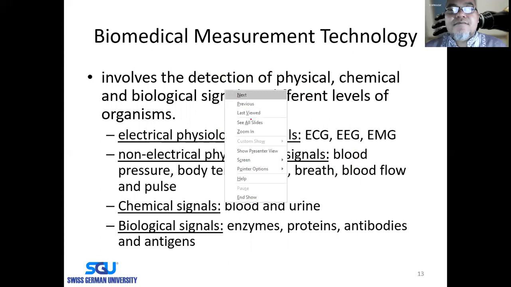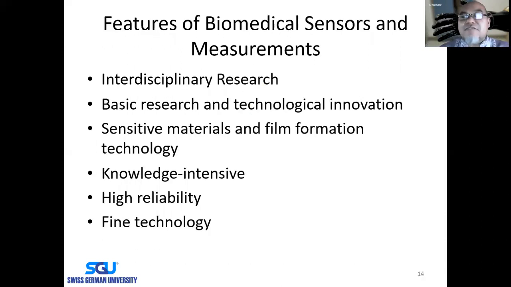Okay. So from these examples that we have mentioned of biomedical sensors and measurement, we can say that this is an interdisciplinary field of research because even one biomedical sensor requires, to develop it, knowledge of the physiological signal itself, some knowledge about physics, maybe chemistry and biology if it is a chemical sensor or biological sensor, and of course knowledge of electronics because the signal is converted into an electronic signal, after which we need to process it.